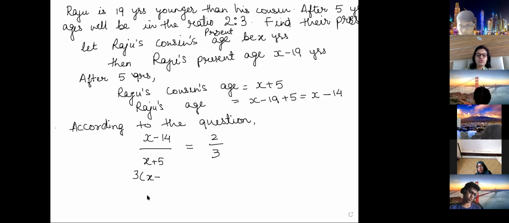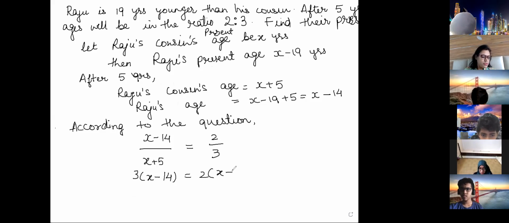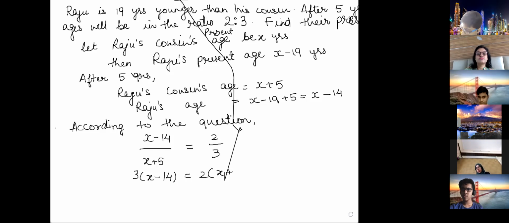Okay, I'm solving it for those who have not got it. 3 into x minus 14, this way you have to solve. 2 into x plus 2 into 5.